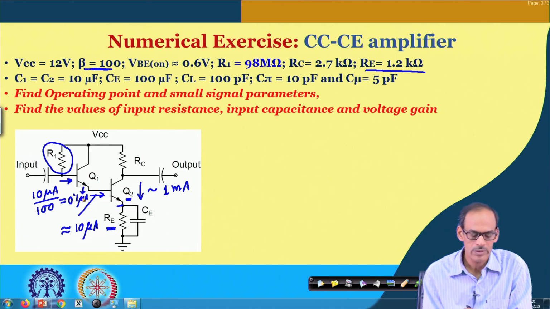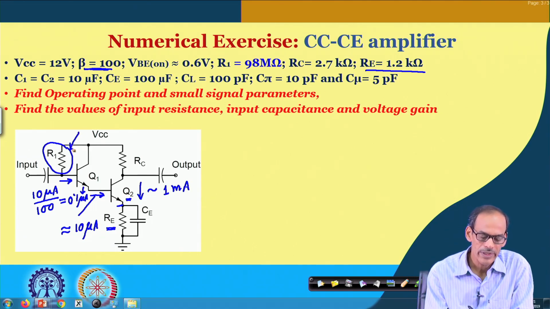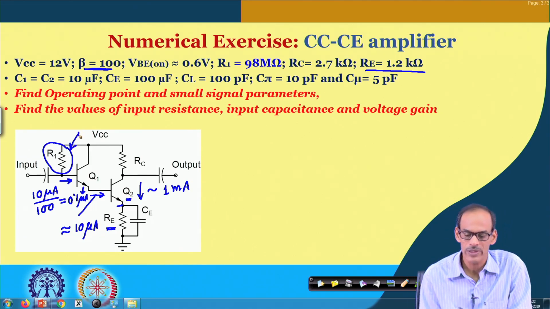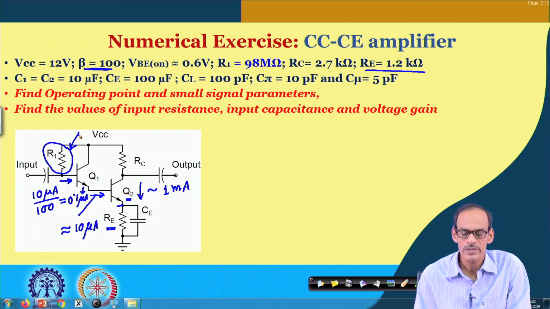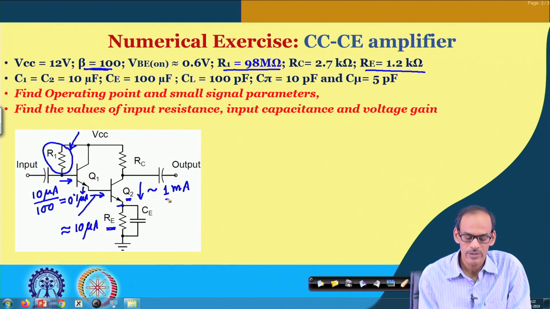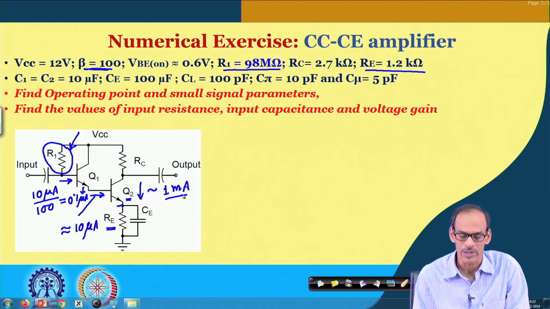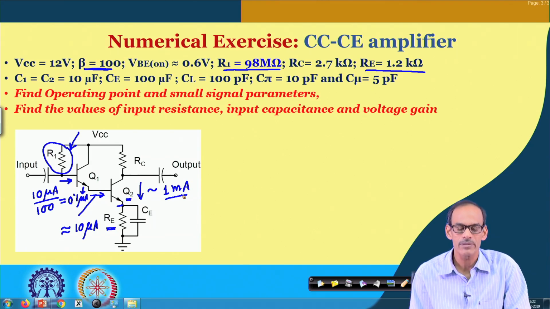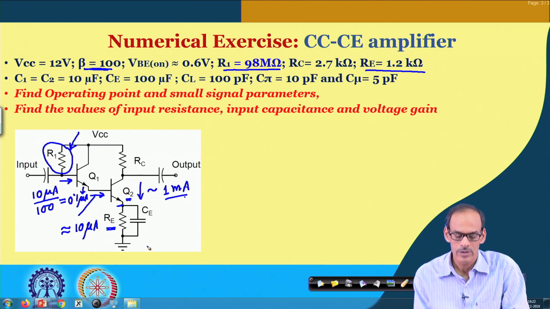So, the required resistance here needs to be very high. I made some calculations, and it is observed that if R1 is, say, 98 mega ohm, then we get this current as 1 milliampere. I will show you the simple calculation to get the emitter current of Q2 equal to 1 milliampere.